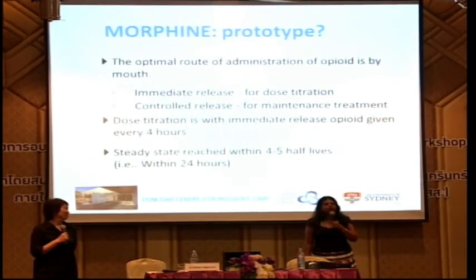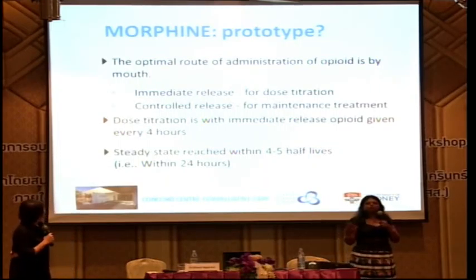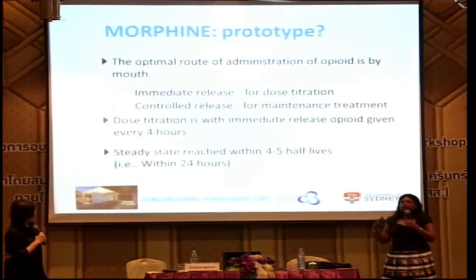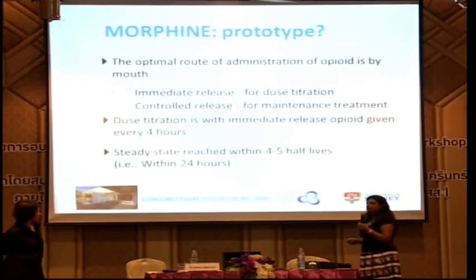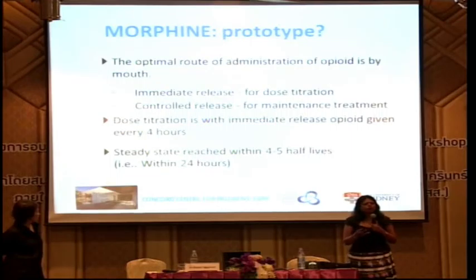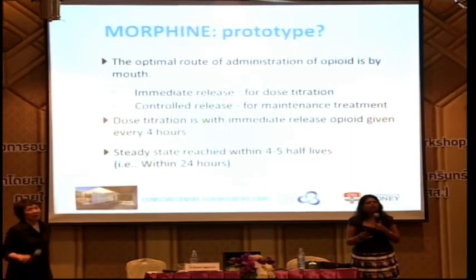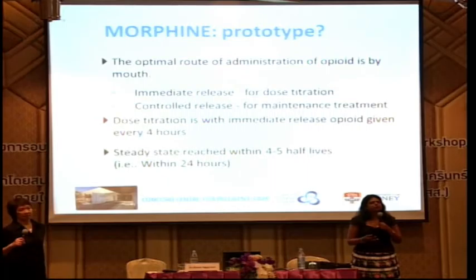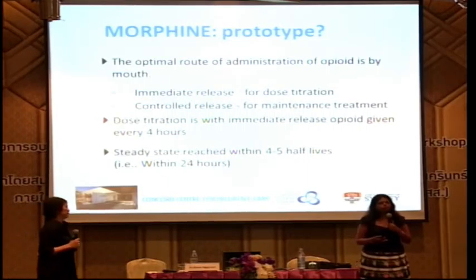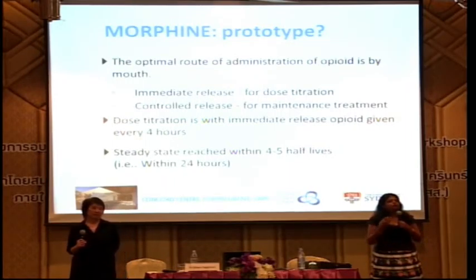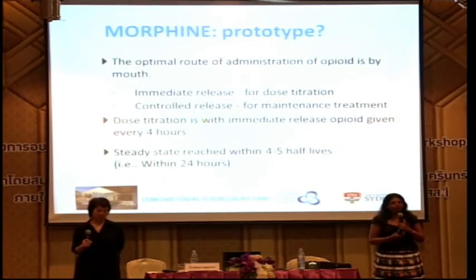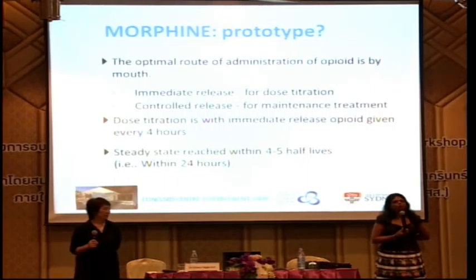So morphine is considered the main prototype. A lot of the other opioids we can learn from morphine. Morphine is used in its... you do have the immediate release, Evian? Yes. In tablets or liquid? In syrup? Beautiful. So immediate release morphine, tablets and syrup. Excellent. And then we have slow release preparations in the form of MST and Capanol.